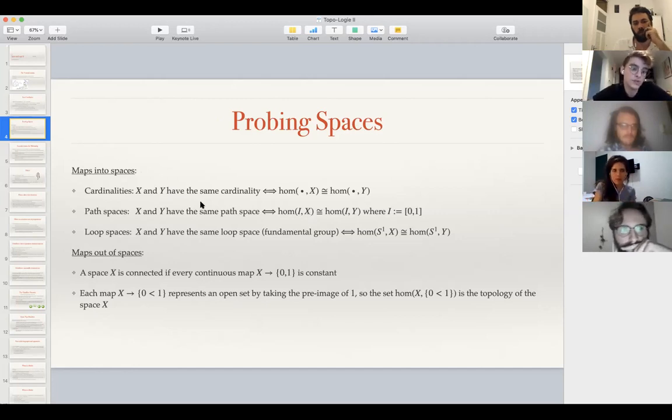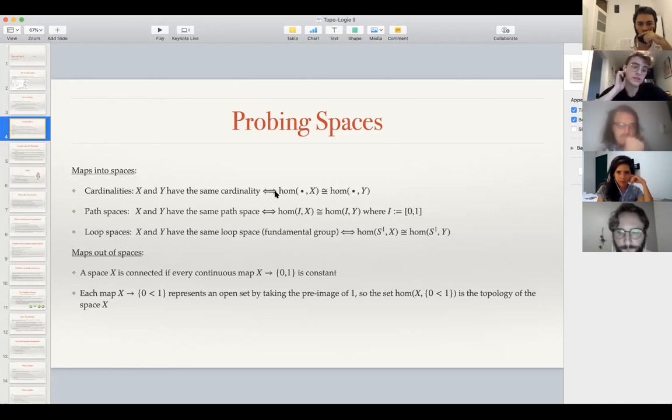So quite simply, you can say that X and Y have the same cardinality if and only if, when we plug the one-point space into these representable presheaves, they have the same set of points. So this is a way of categorifying a lot of traditional math concepts.